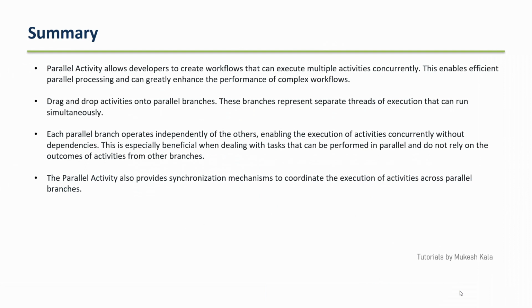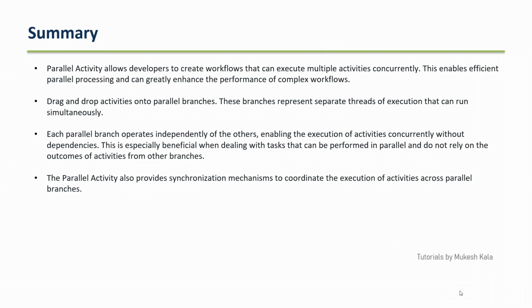Let's have a quick recap of what we have covered today, right? We have seen that parallel activity allows developers to create workflows that can execute multiple activities concurrently. This enables efficient parallel processing and can greatly enhance the performance of complex workflows. You can just drag and drop activities into the parallel branches. These branches represent separate threads of execution that can run simultaneously.